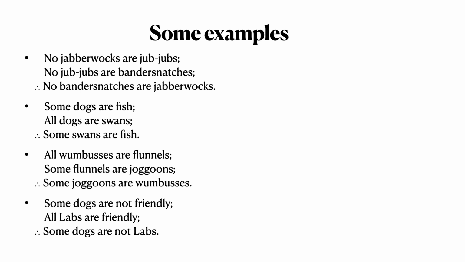How about rule 4? Do I have at least one affirmative premise? Yes. All labs are friendly is an affirmative premise. And how about rule 5? Do I have a conclusion that follows the weaker premise? Well, I have one premise that's negative. It's written first here, but it's actually the minor premise. And I also have a conclusion that's negative.